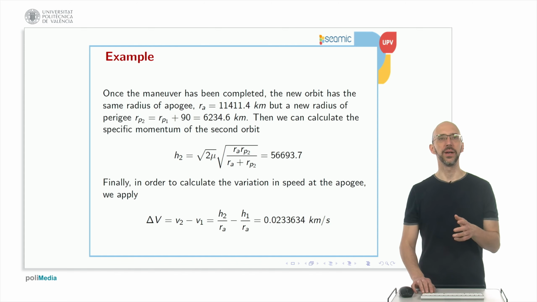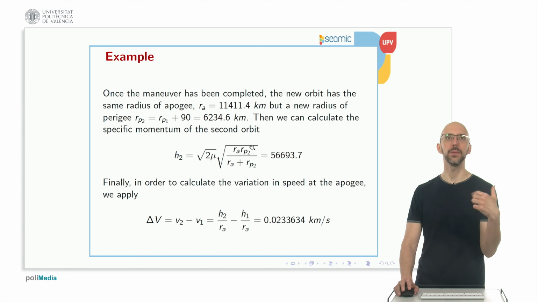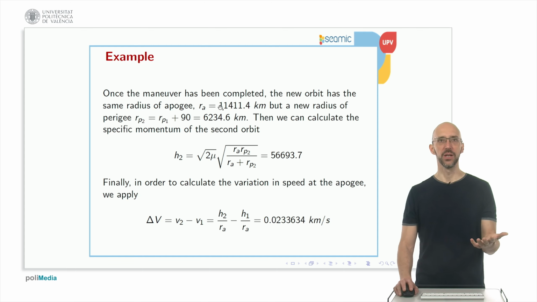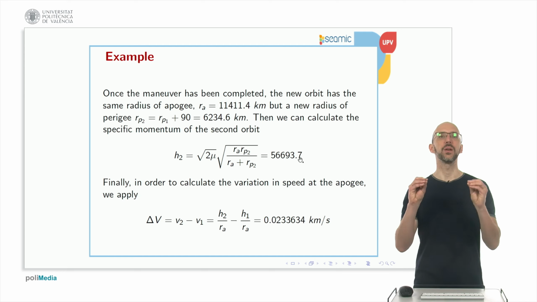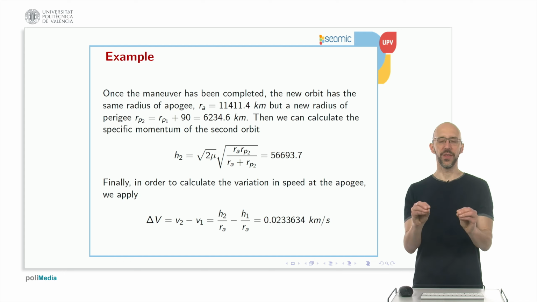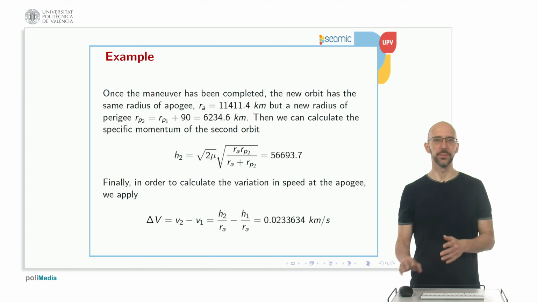So when I replace here, I'm just going to put the same number. But the radius of the new perigee is the old radius of the perigee plus 90 kilometers. So this is the radius of the second perigee. If you replace in this formula, you obtain the specific momentum of the second orbit.